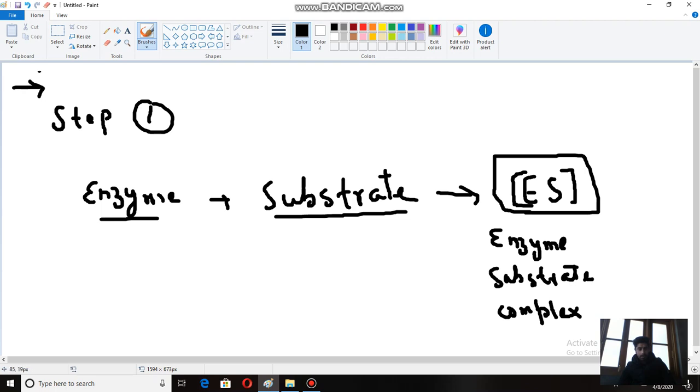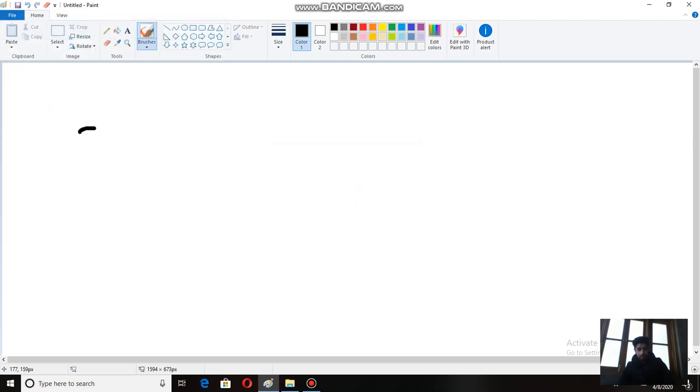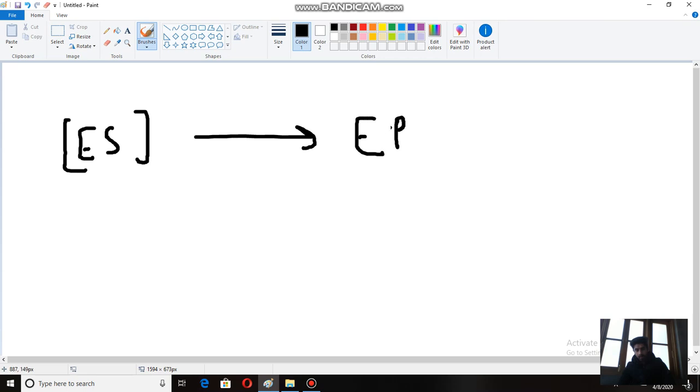Then in step number 2, this enzyme substrate complex, this ES, gets converted into enzyme product complex.